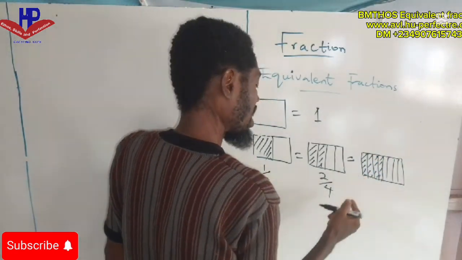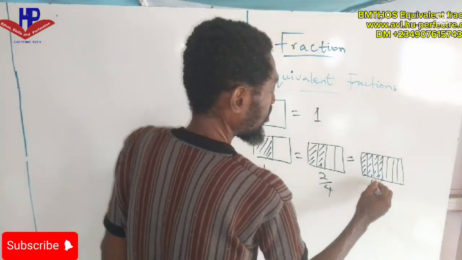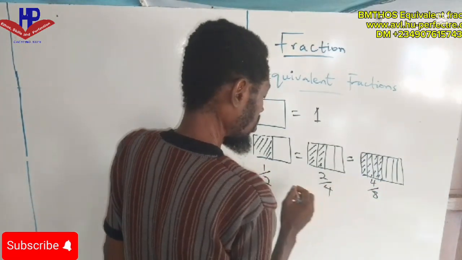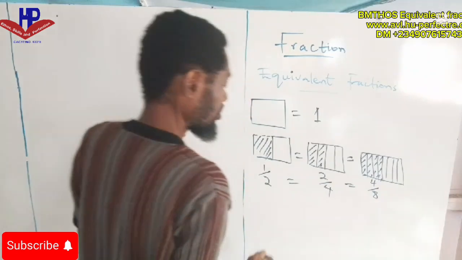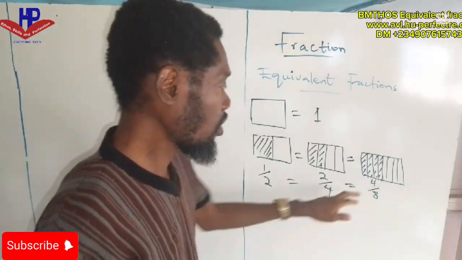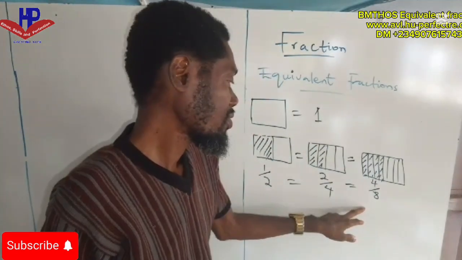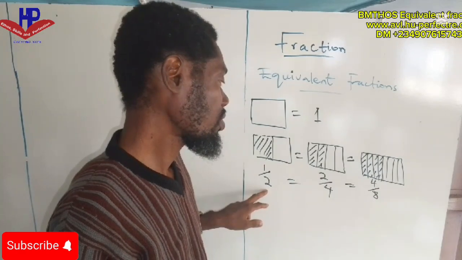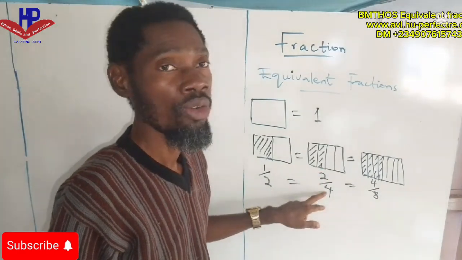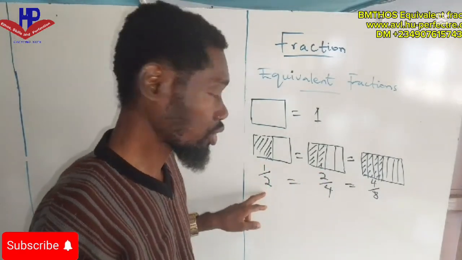If I ask you what is the fraction of the shaded part, you tell me 4 over 8. These are all equivalent fractions because 4 over 8 will still give us 1 over 2, and 2 over 4 will still give us 1 over 2.